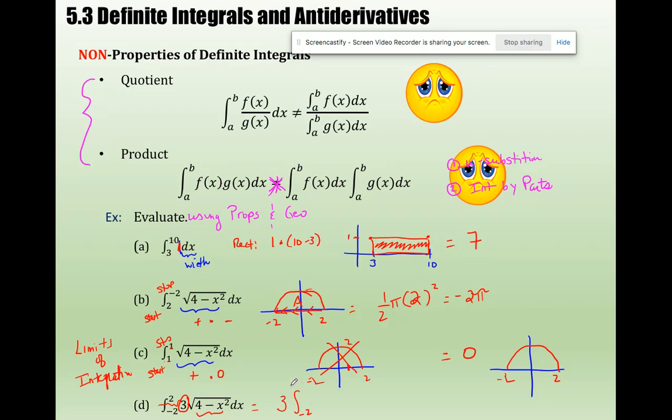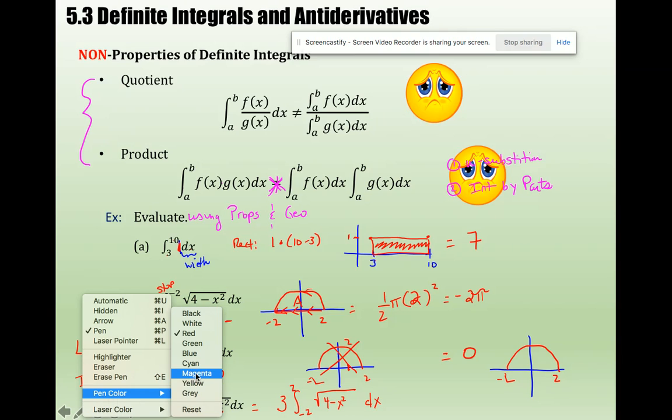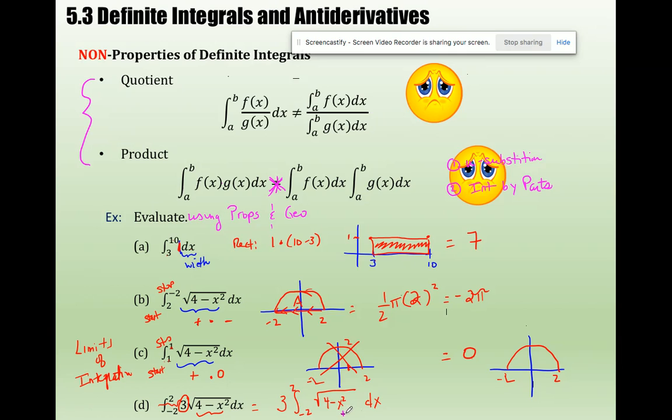Start at -2. Stop at 2 with a height that is your semicircle. Your widths are going in the positive direction, so your function height is positive. Your dx's are positive.